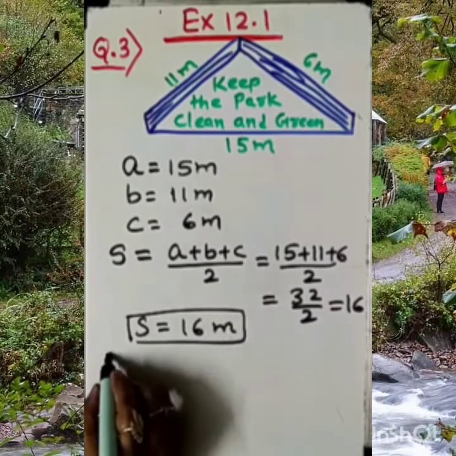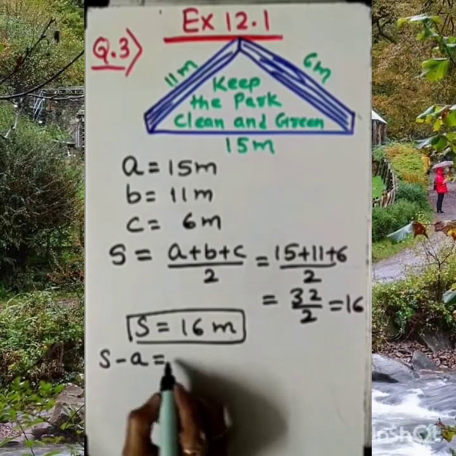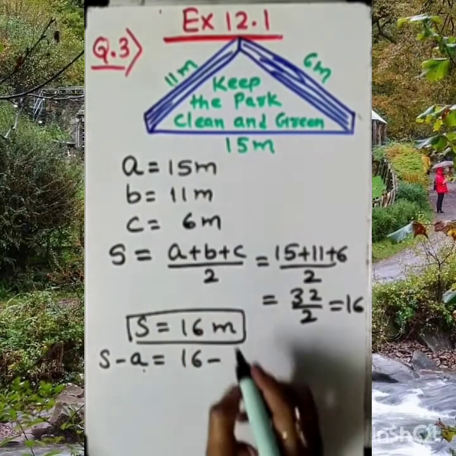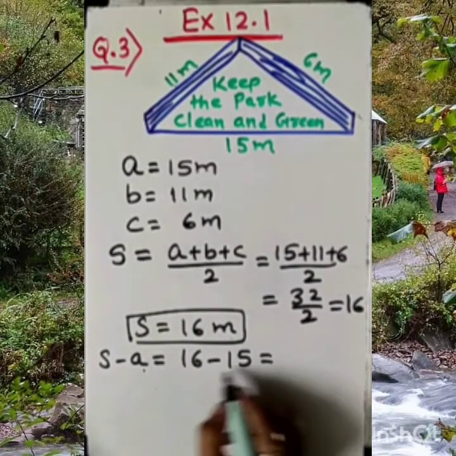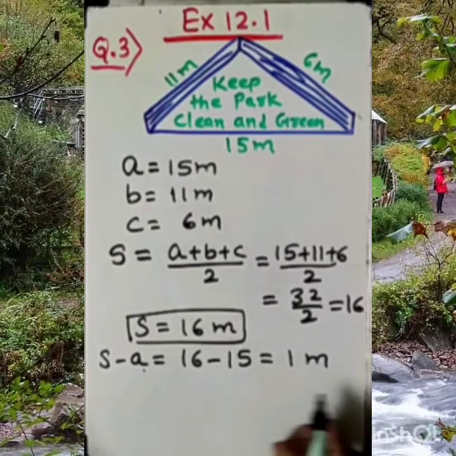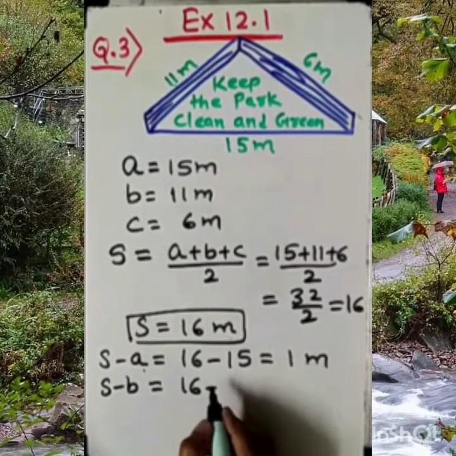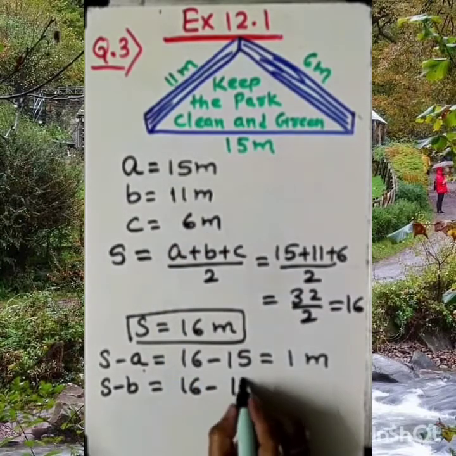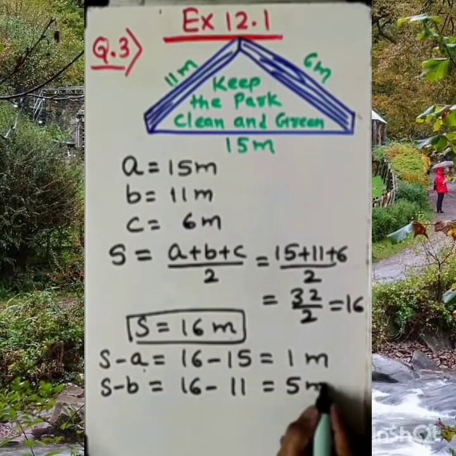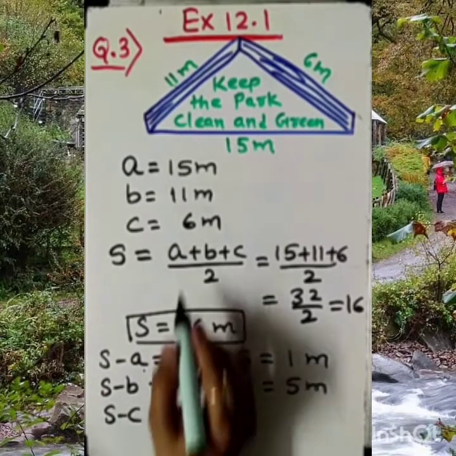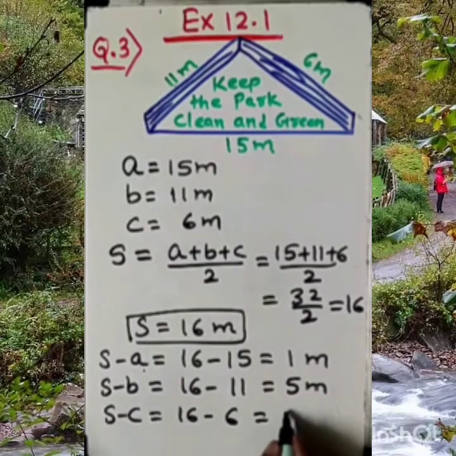Now let's find S minus A. S is 16 and A is 15 meter, so 16 minus 15 is 1 meter. What is S minus B? 16 minus 11 is 5 meter. Let's find S minus C: 16 minus 6 is 10 meter.